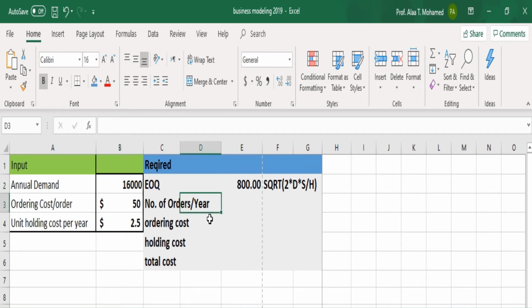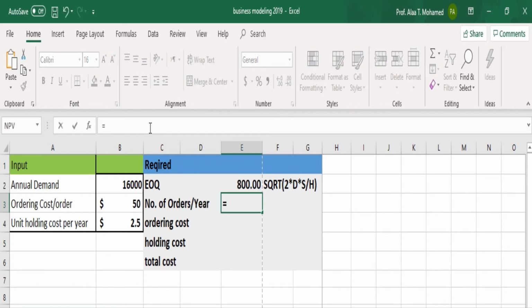So we put here equal, we have 16,000 units, and if we divide them by the economic order quantity, means the quantities that we order each time. So we have 16,000 units, and we have 800 units per time.